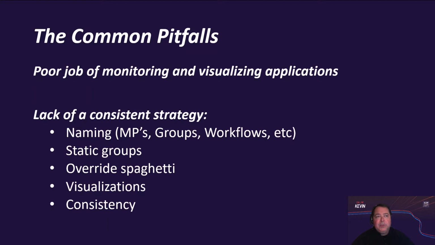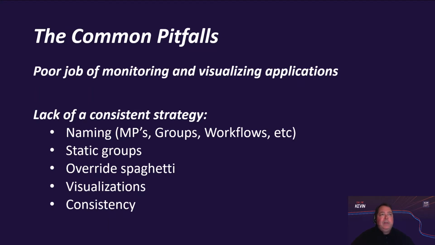I often find that customers don't document their processes, and it's very important that any SCOM team should have an operations guide. And that operations guide should dictate, of all things, a naming strategy. How we're going to name our management packs, how we're going to name our groups, how we're going to name our rules and our monitors.